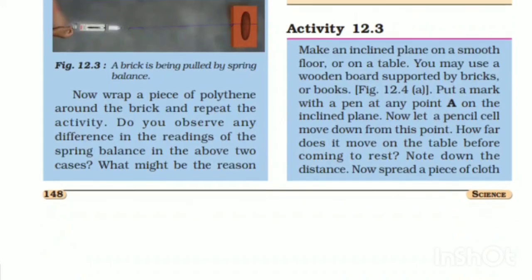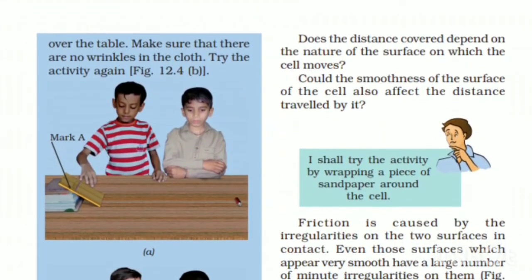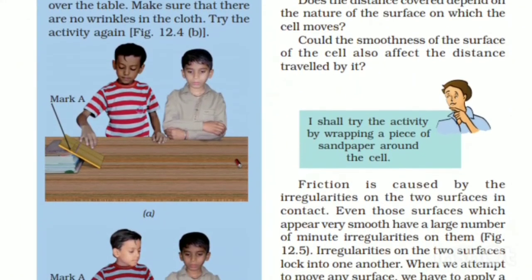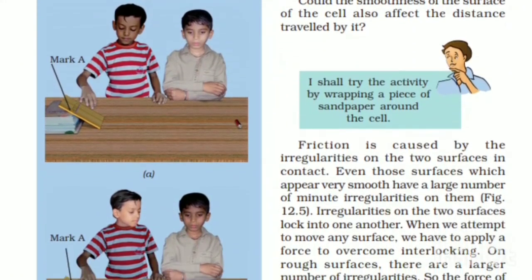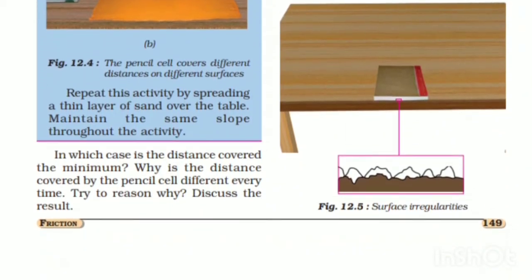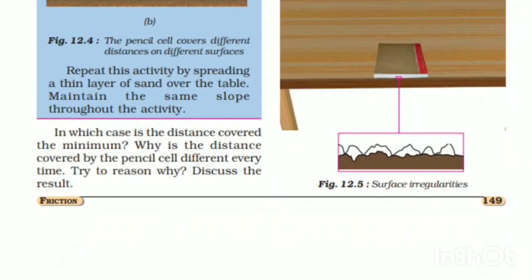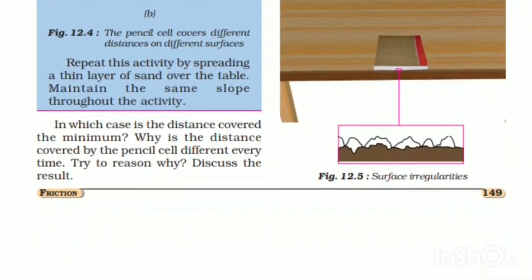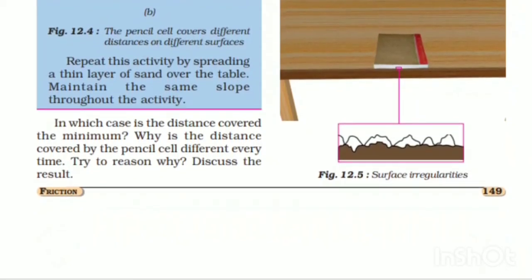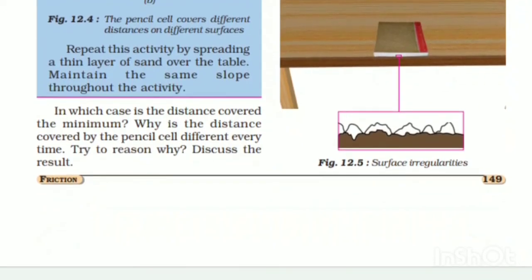As you can see here, in this area in your book, they have explained the effect of changing surfaces. There you can see why friction happens because of the rough surface. As I told you, in that picture, the surfaces of the book and table are drawn in figure 12.5.